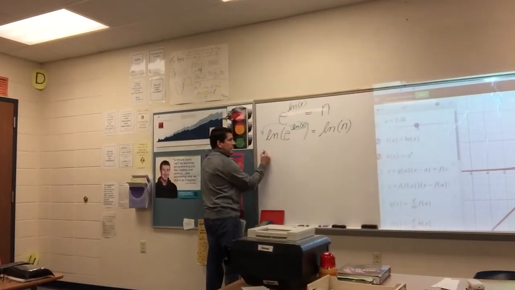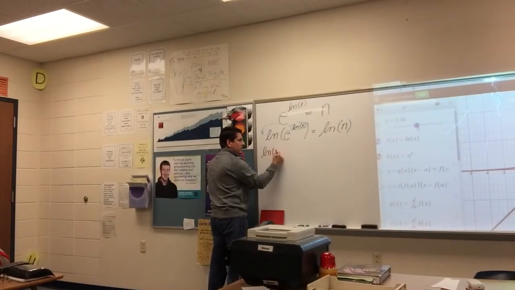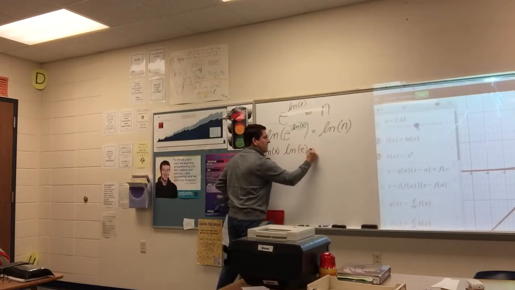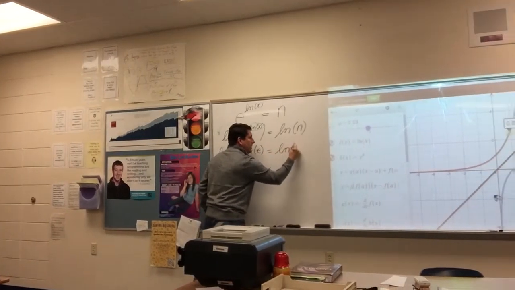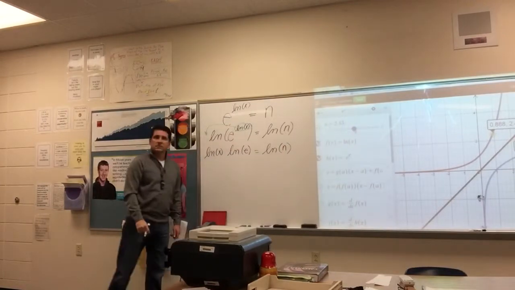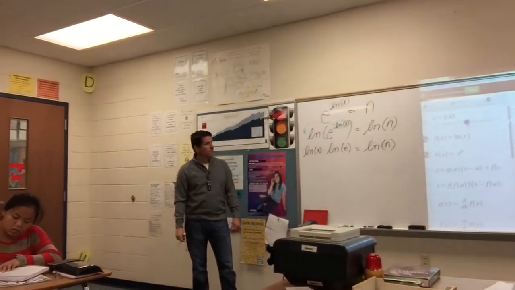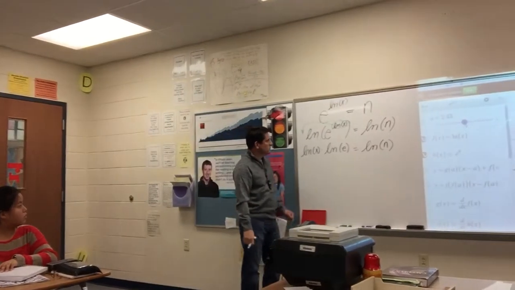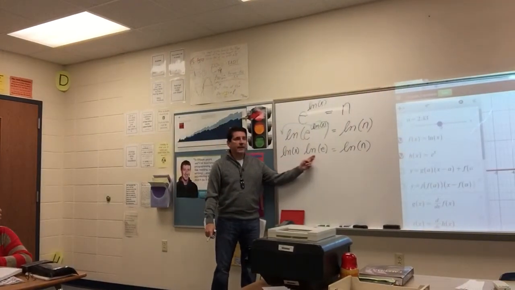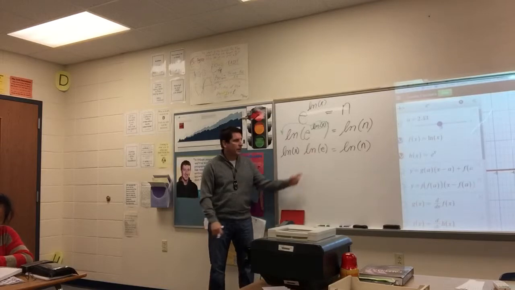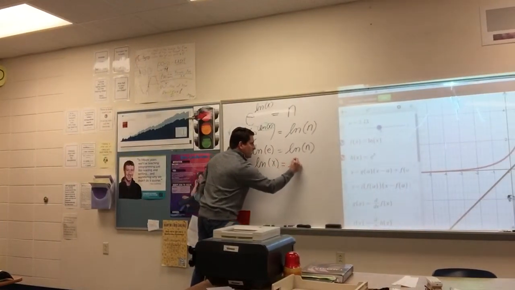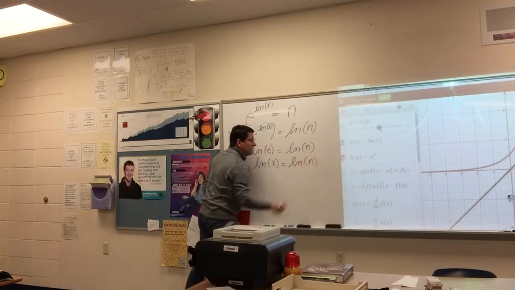So this becomes the natural log of x multiplied by the natural log of e is equal to the natural log of n. So, well, wait a second. Natural log of e, 1. So this means the natural log of x is equal to the natural log of n.